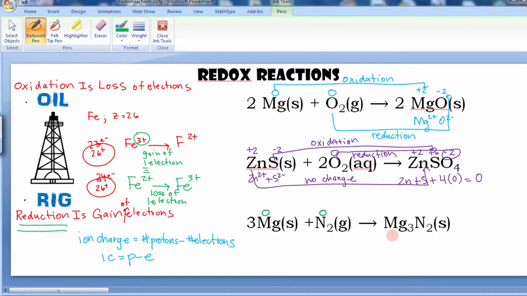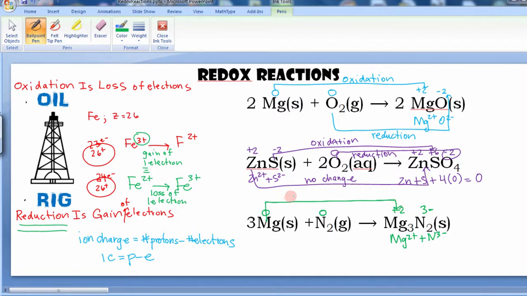Recognizing that this is ionic, we could break this up into Mg2+ and N3-. So this would be what? Plus 2. This would be what? 3 minus, or -3. So magnesium goes from a 0 to a +2.